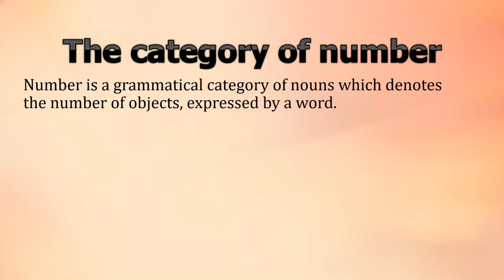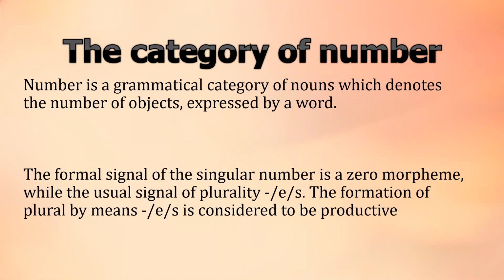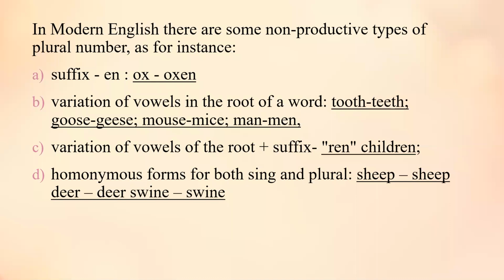The category of number denotes the number of objects expressed by a noun. The formal signal of singular number is a zero morpheme, while the usual signal of plurality is es. The formation of plural by means of es is considered to be productive. In modern English, there are some non-productive types of plural number as well.